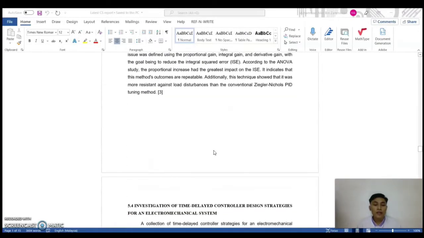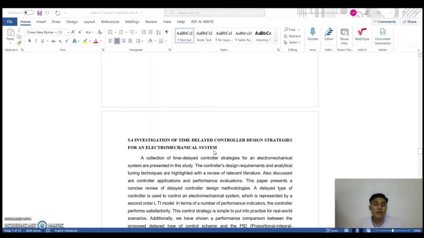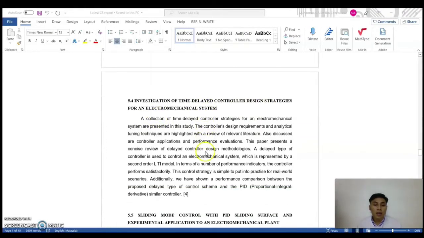The first literature review that we have is the investigation of time delay controller design strategies for an electromechanical system. A collection of time delay controller strategies for an electromechanical system are presented in this study. The controller's design requirements and tuning techniques are highlighted with a review of relevant literature. It also discusses controller applications and performs evaluations.